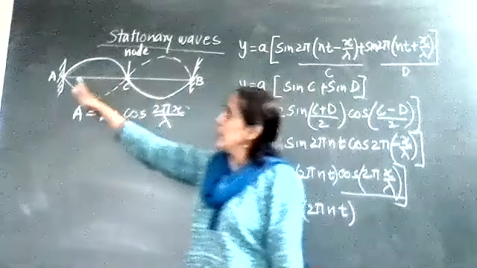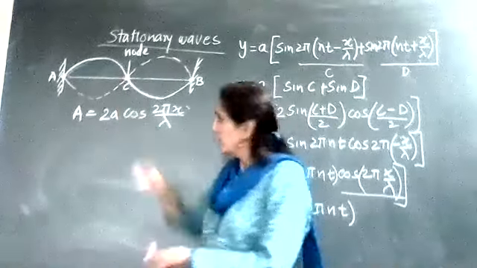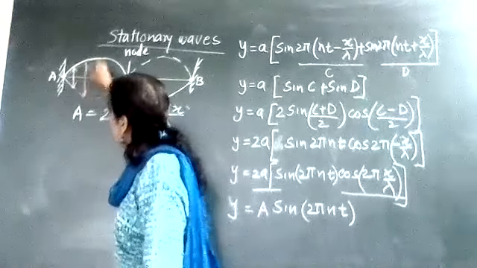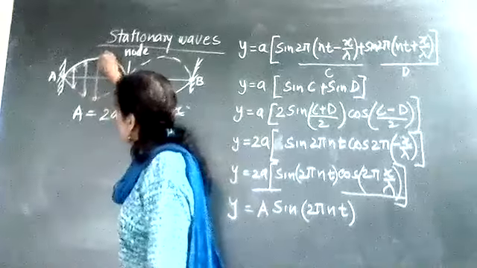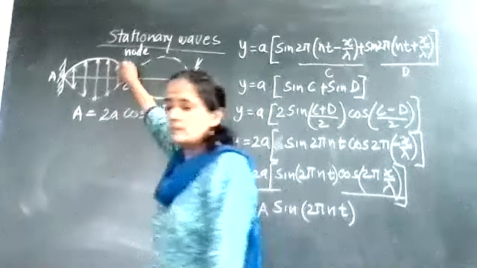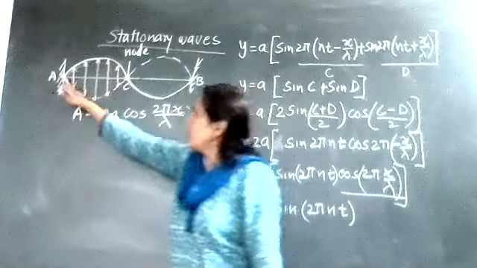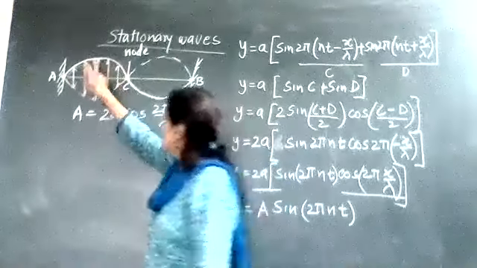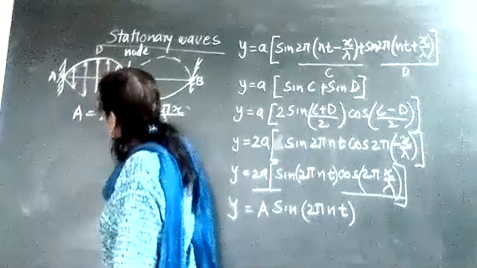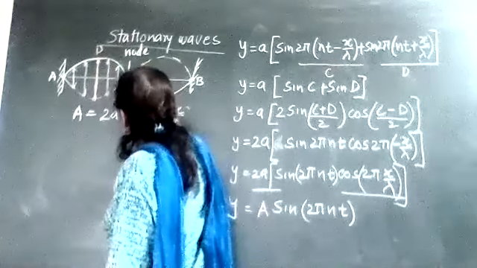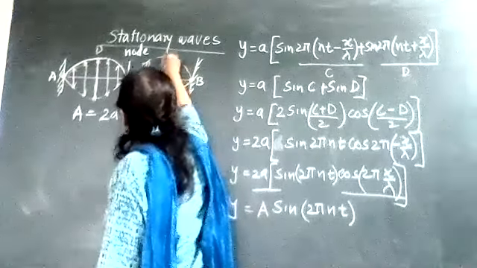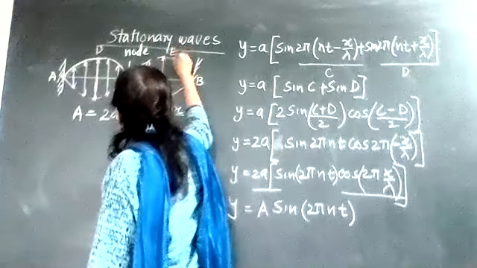While in between A to C, see here, your particles are set into vibration in up and down motion. So from A to C, there is a change in amplitude. From A to C, I can call the middle point the D point. At the D point, the amplitude is maximum. Here also, in the second loop, at this E point, your amplitude is maximum.